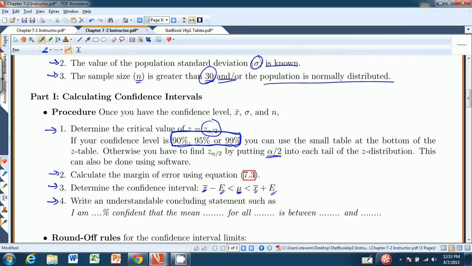Then you write an understandable concluding statement: I am, say, 95% confident that the mean, say pulse rate for all men, is between the lower and upper bounds of your interval estimate.